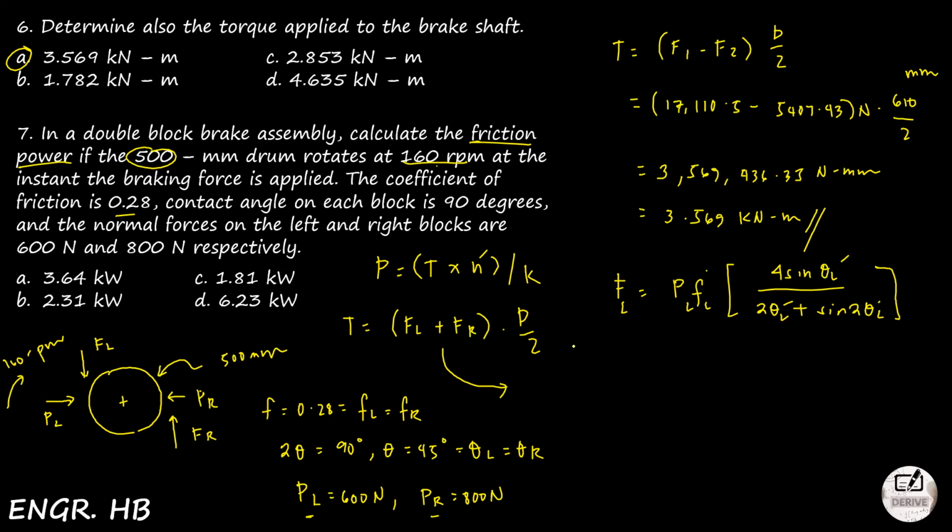So we may say that the torque is FL plus FR, which is F na lang ilabas natin. And of course, this 4 sine theta over 2 theta plus sine 2 theta. And overall, we have torque is equal to 600 plus 800.